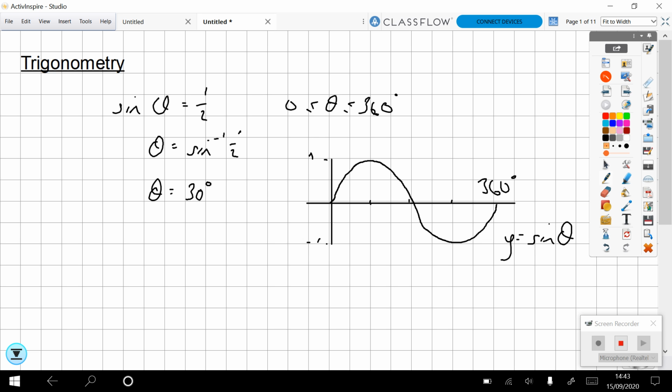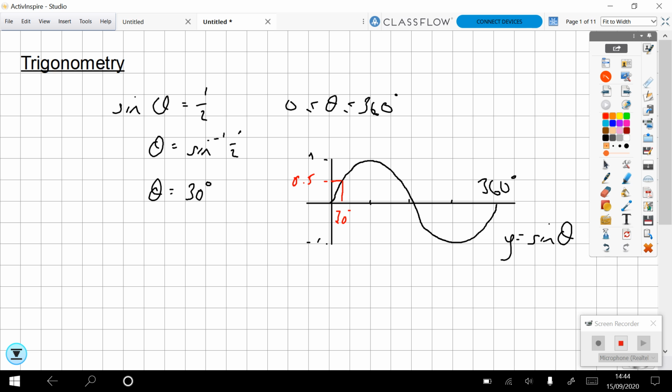Now, what the calculator has done for us when it did the inverse sine of a half is it has judged for us that there is a value of theta here, which corresponds to a y value of a half.